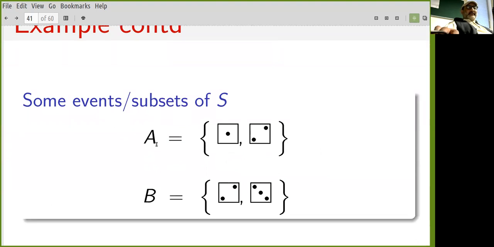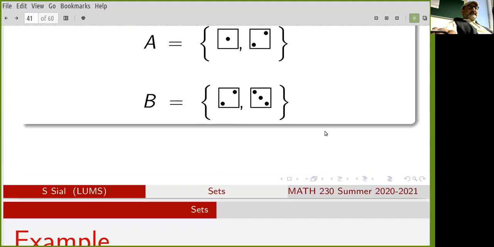So that's this set A. This set A, we call that an event. It's a subset of the set of all possible outcomes. Another event B is when you roll a 2 or a 3. So rolling a 2 or a 3 is regarded as an event, as a subset of the set of all possible outcomes. So B is also an event.